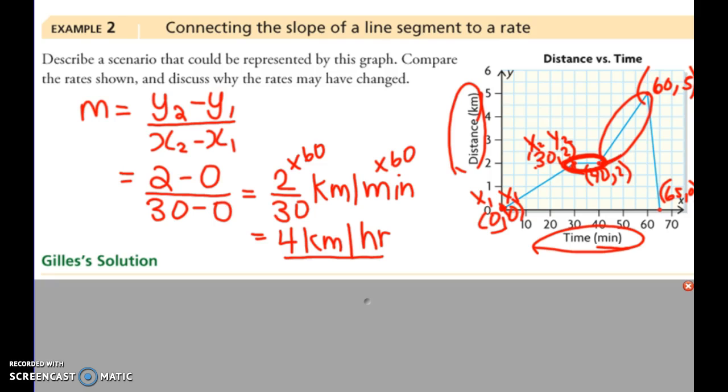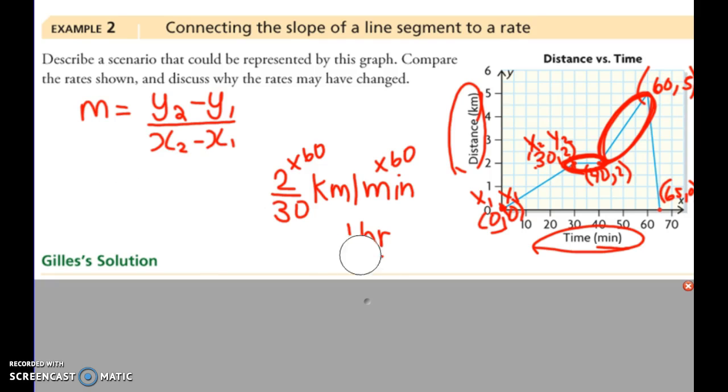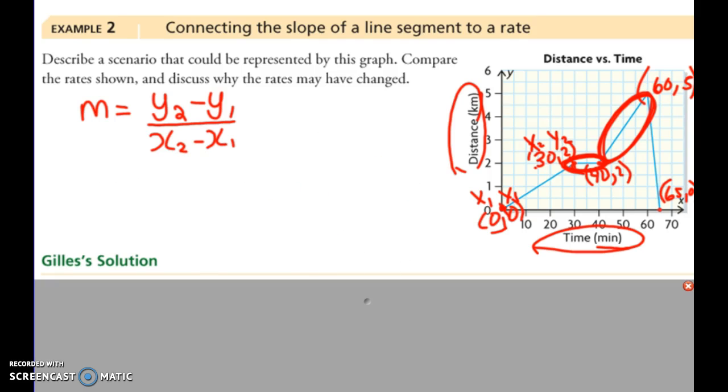Then the next section is they have an increased slope. If we found the slope of that section, we would use the same formula, and we would put our points in the 2-point formula again. So this could be our x1, y1, x2, y2.